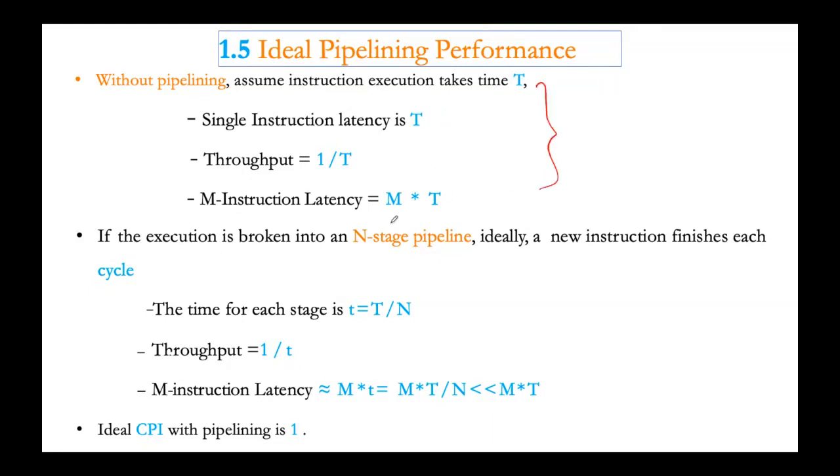Remember, for non-pipelining, the latency for m instructions is m into t and the throughput is 1 divided by t, where t is the instruction latency. If the execution is broken into an n-stage pipeline, then ideally a new instruction finishes each cycle.